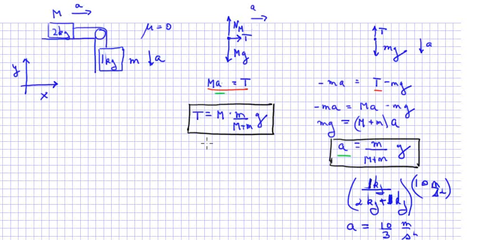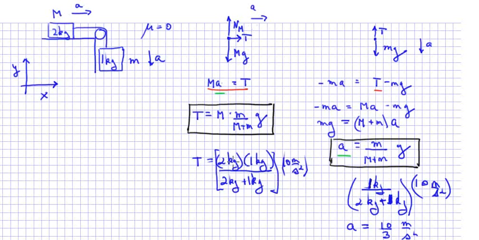And how about the tension? The tension is 2 kilograms times 1 kilogram over 2 kilograms plus 1 kilogram, all of that multiplied by 10 meters per second squared.